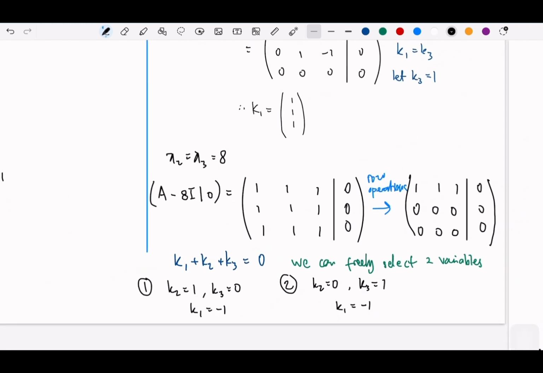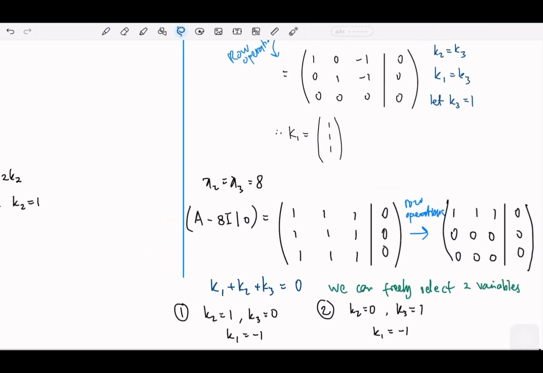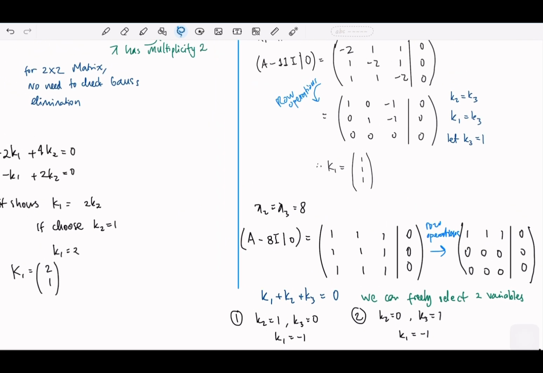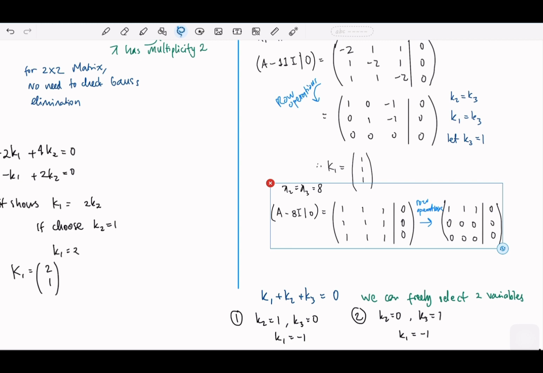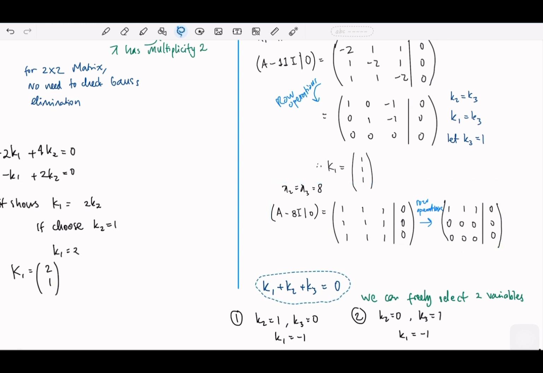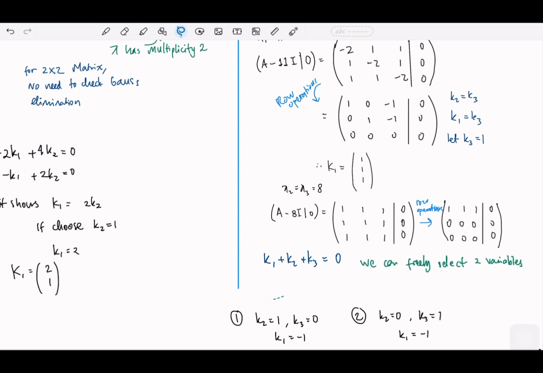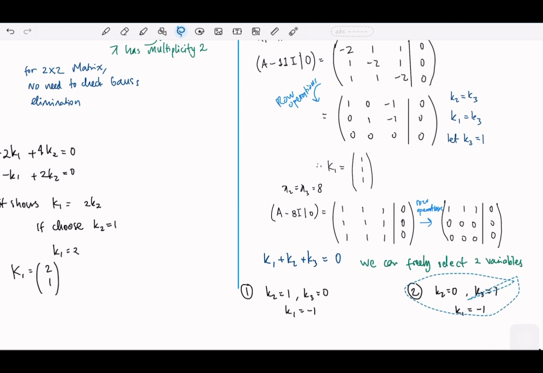So the first one we get, let me resize this part first. This is the first one, this is the second one.